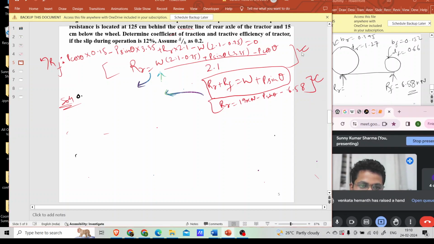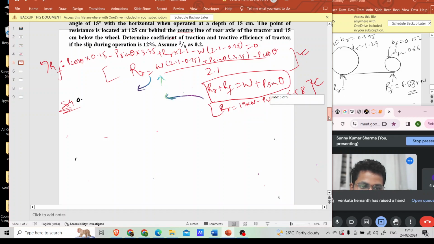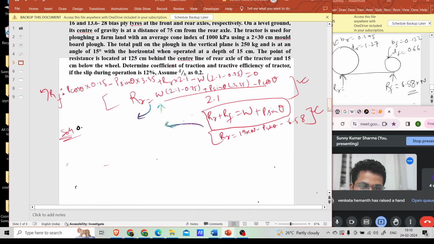Okay, we are solving a numerical problem in which there was a tractor fitted with tires.